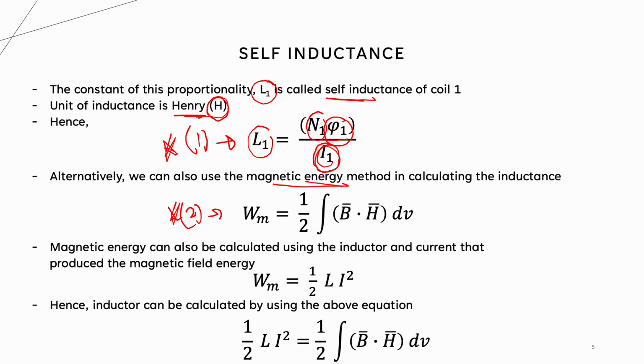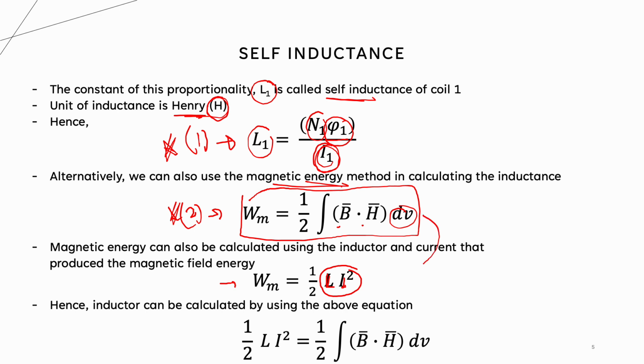We know from the previous lecture that magnetic energy can be calculated using half of the integration of B dot H dV, right? Magnetic energy can also be calculated using inductance and current: Wm, the energy, is equal to half the inductance multiplied by the current squared.